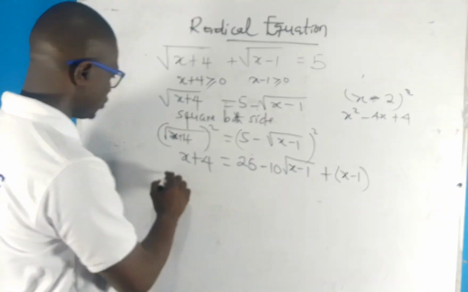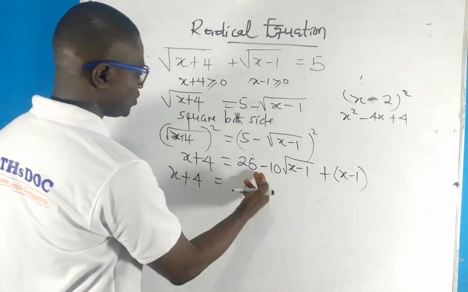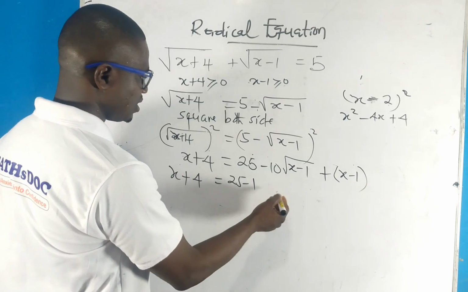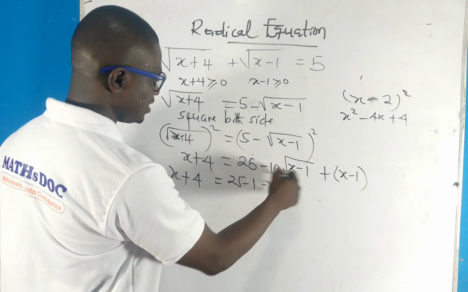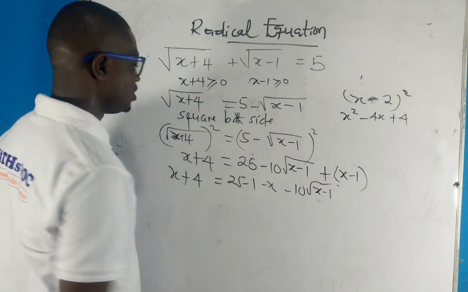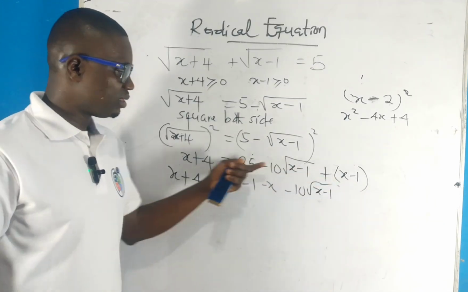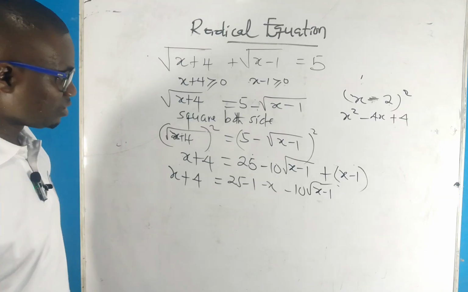Now let's group them to have x plus 4 is equal to, so let's move this one to this side, 25 minus 1 minus x, then all this side minus 10 root x minus 1. So this is what we have at this moment. I moved everything to this side, leaving this last part, negative 10 root x minus 1.